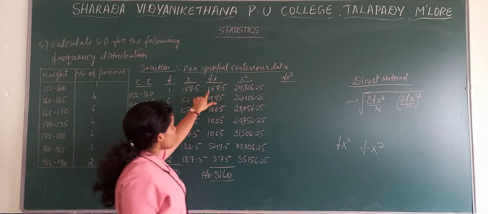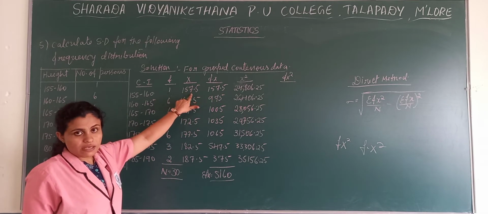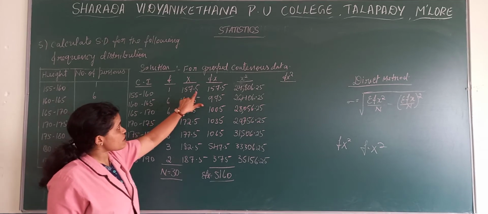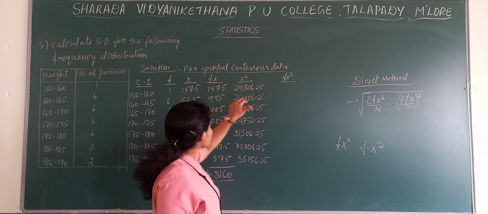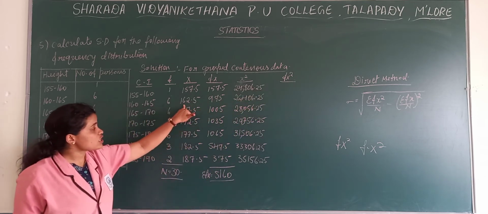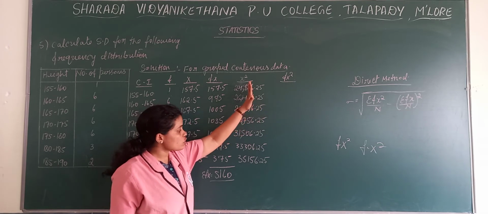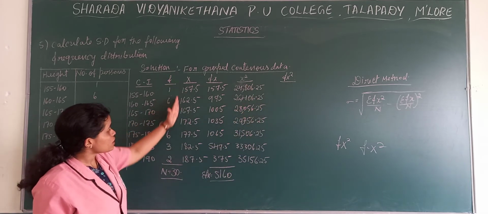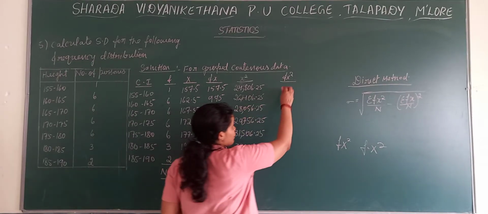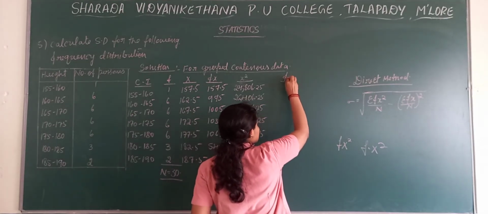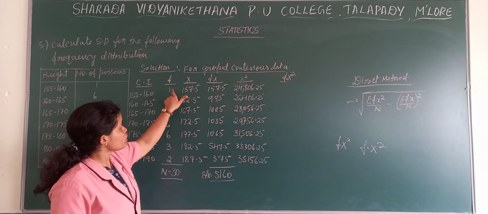So the first one, the square of 157.5 you get 24,806.25. Then the square of 162.5 you get 26,406.25. So these are the squares of these x values. When we need to do f x square, you write f into x square. It is not fx square.